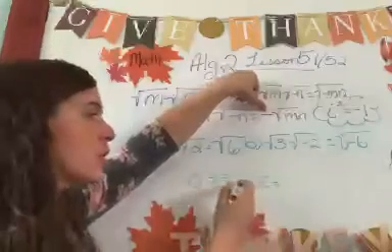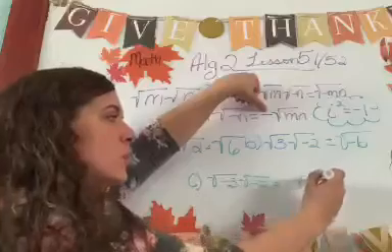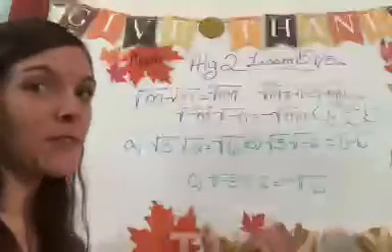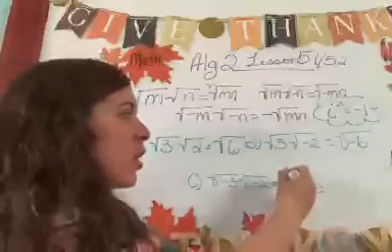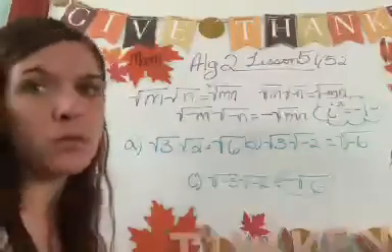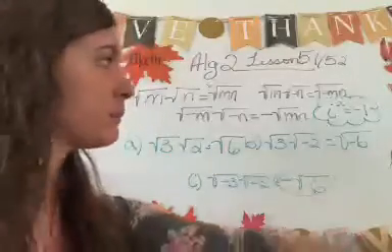So negative 3 times negative 2 means that you have a negative on the outside, square root of 6. 3 times 2 equals 6. So you have to keep that negative there, which no one would expect to do, but it's a rule for square roots.